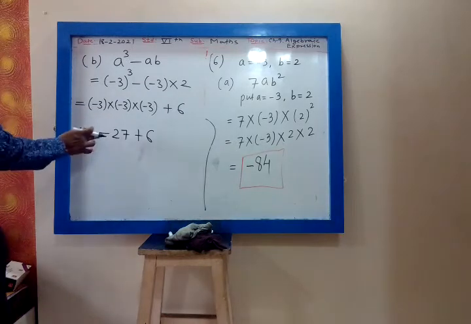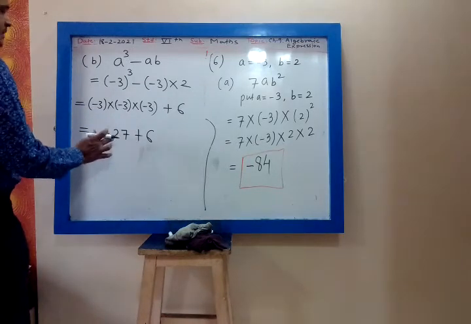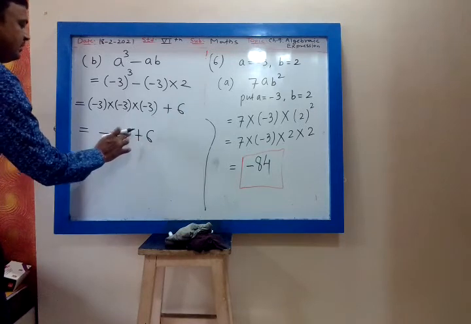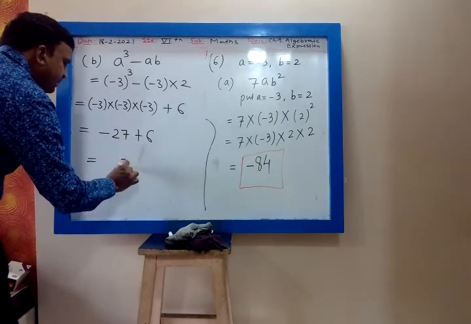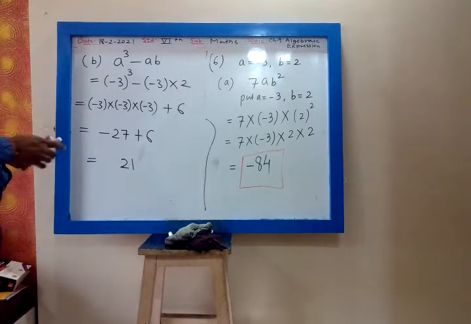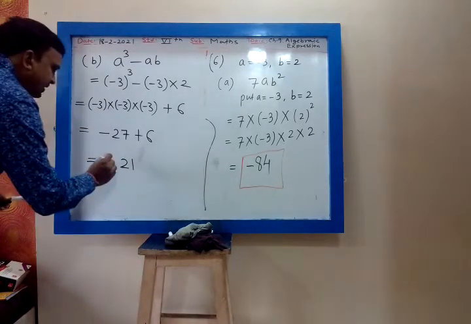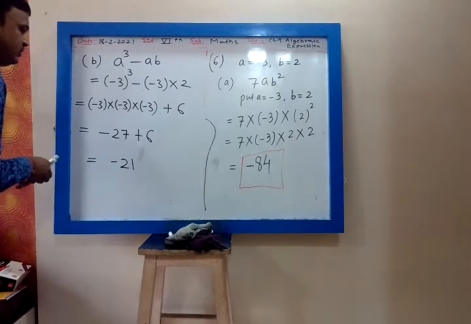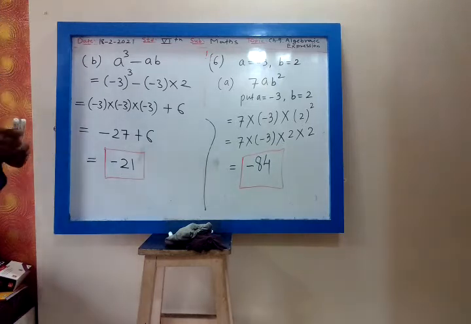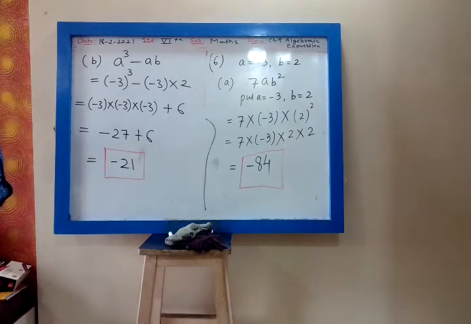Now they have opposite sign, minus and plus. So you have to subtract smaller number from bigger number. 27 minus 6 is 21. Now which number is bigger? 27. What is the sign of that? Minus. So the answer is minus 21.